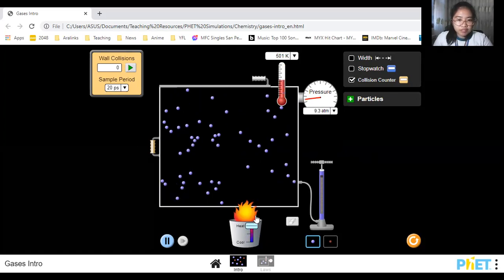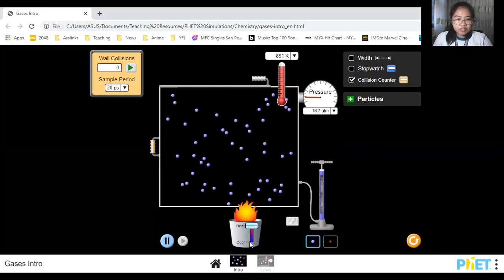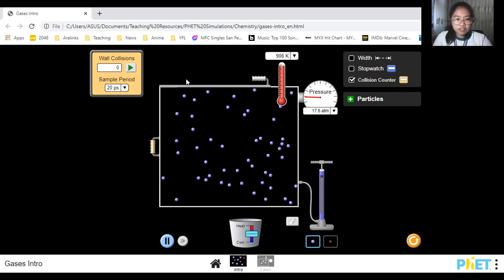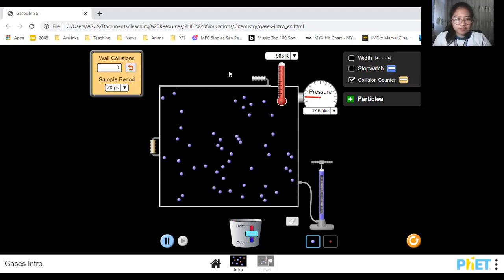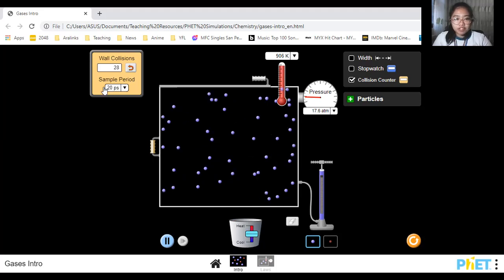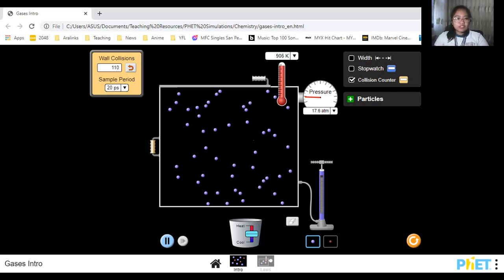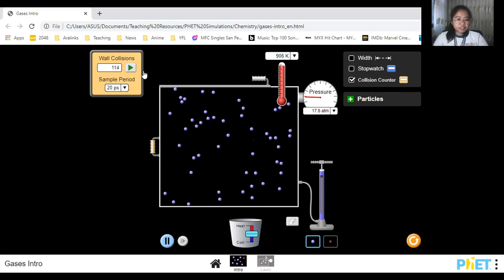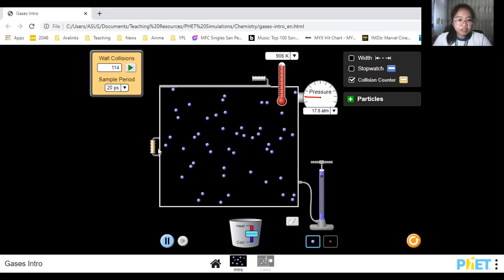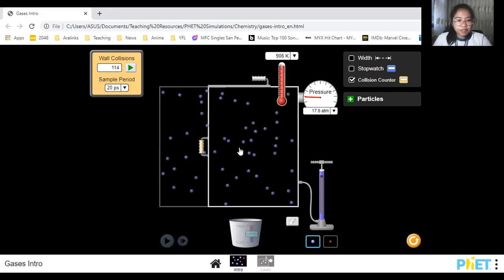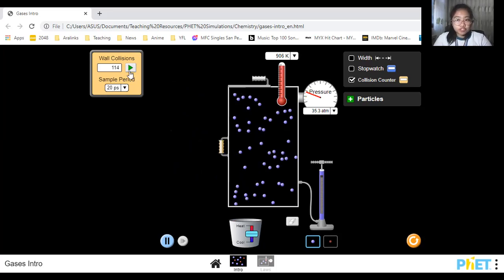Medyo mabagal sila. Sinasabi lang dito na kapag mas malaki yung ating volume, tingnan natin yung number of collisions in 20 picoseconds. So, we have approximately 114 collisions. But if we compress this one or paliitin natin yung volume, tignan natin yung number of collisions.